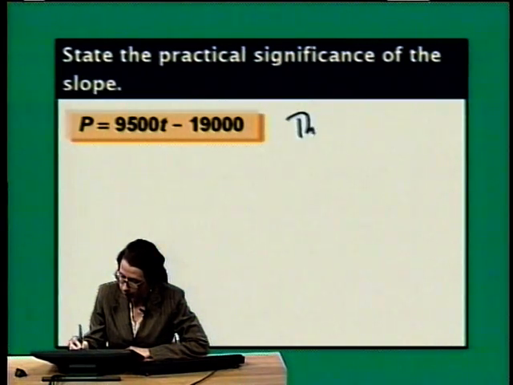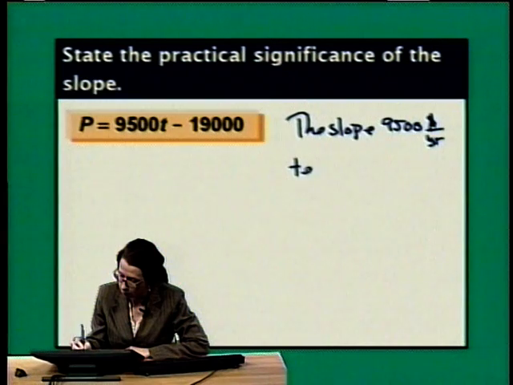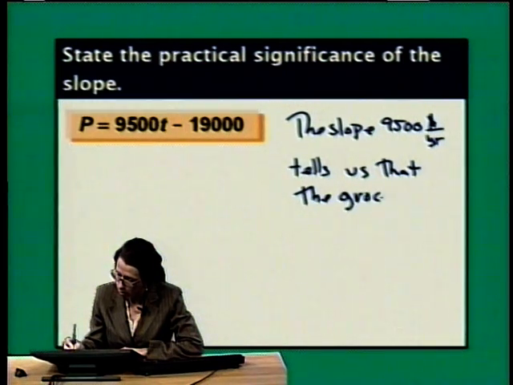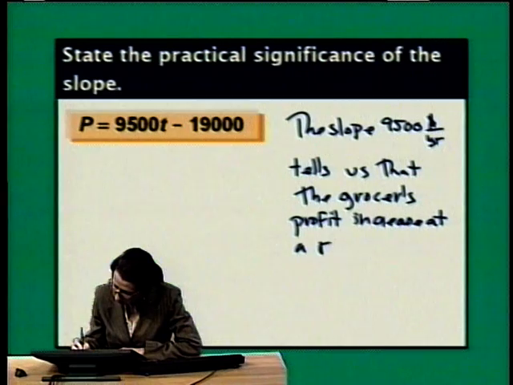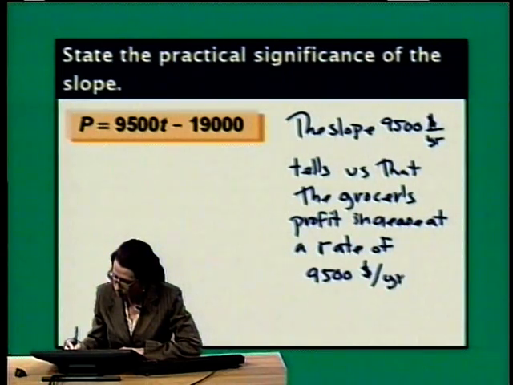So the slope, which is $9,500 per year, tells us that the grocer's profits increase at a rate of $9,500 per year.